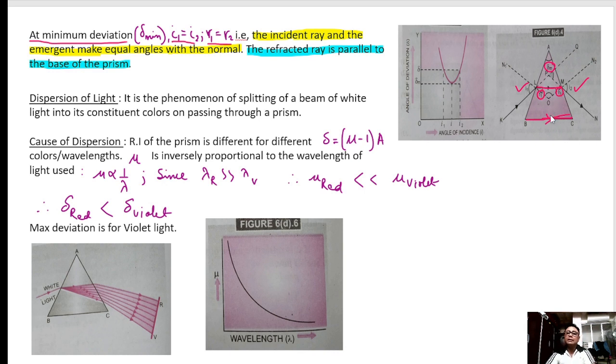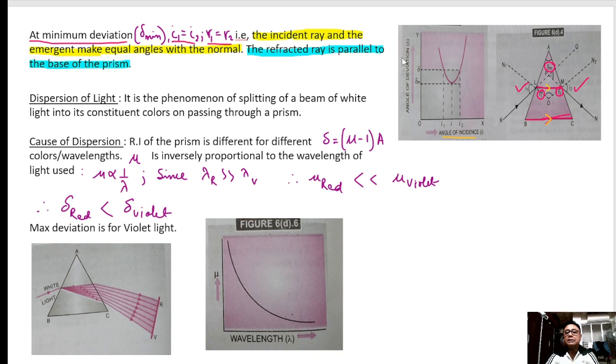Then only I can tell that it is the angle of minimum deviation, and the refracted ray is parallel to the base of the prism. Clear?